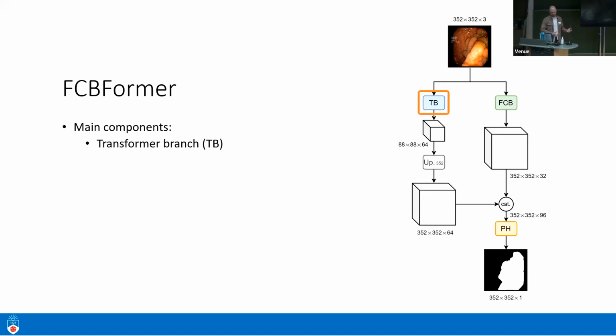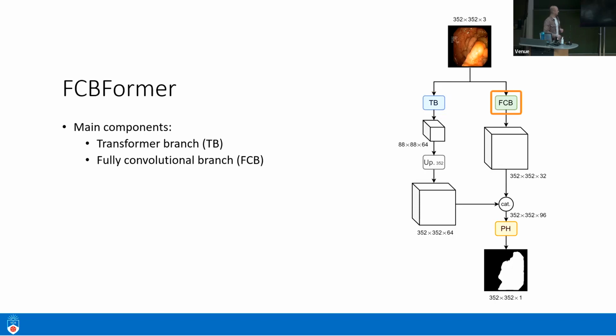The first one of those is this transformer branch, which was designed so that it would extract the main shape of a polyp and essentially do the heavy lifting of the method. But due to the coarse representation that it outputs, which is of reduced spatial dimensions, it's not necessarily going to give great features for drawing a good reliable boundary.